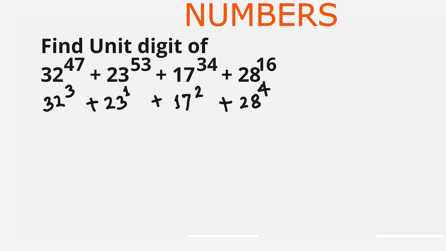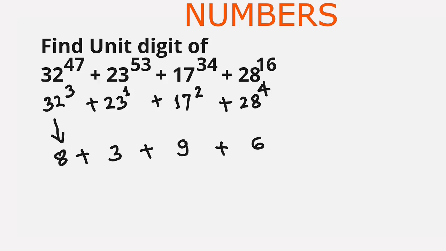Now 2 to the power 3 gives the ones place 8, plus 3 to the power 1 gives the ones place 3, plus 7 to the power 2 gives the ones place 9, as 7 times 7 is 49, and 8 to the power 4 gives ones place 6, as 8 to the power 4 is 4096.